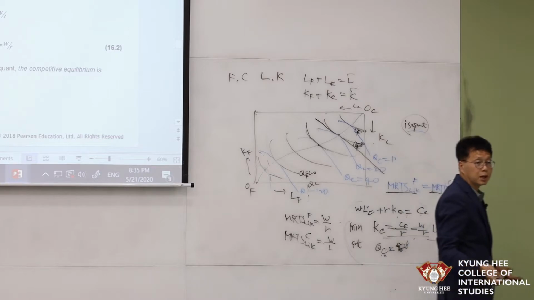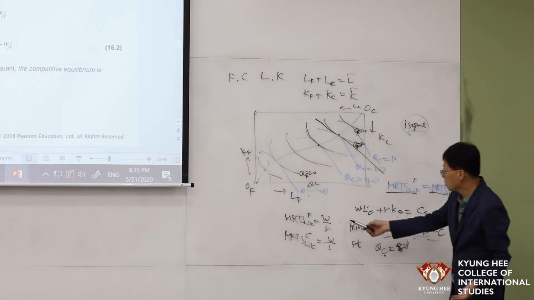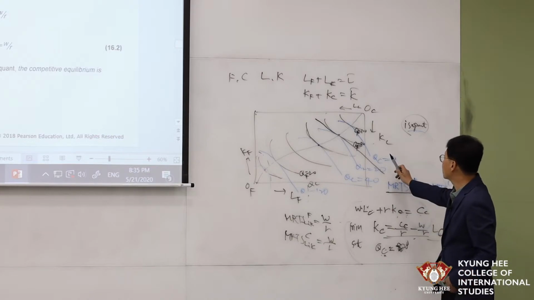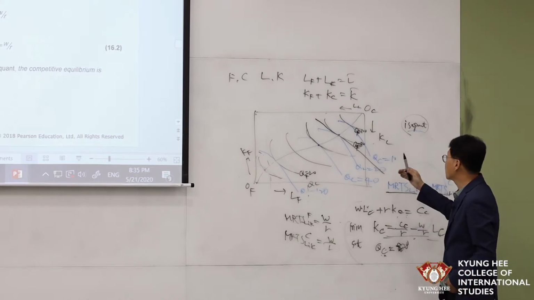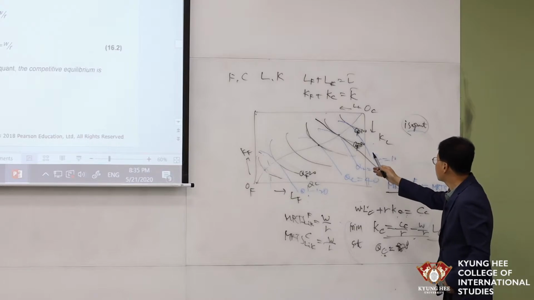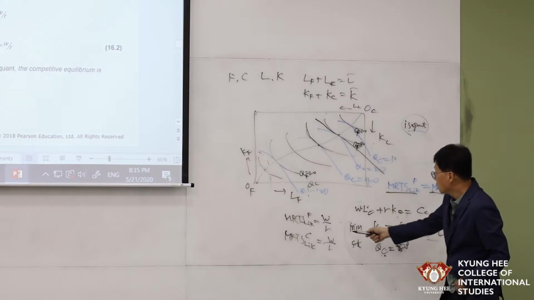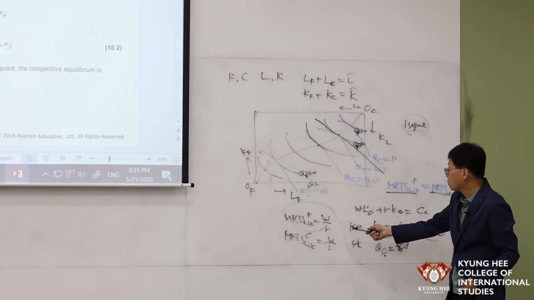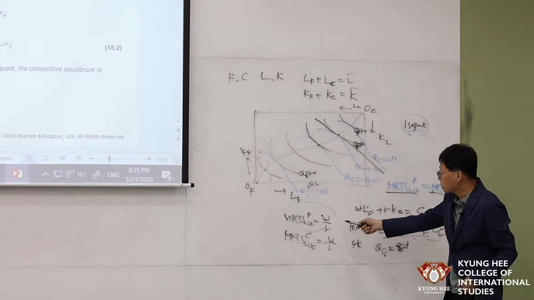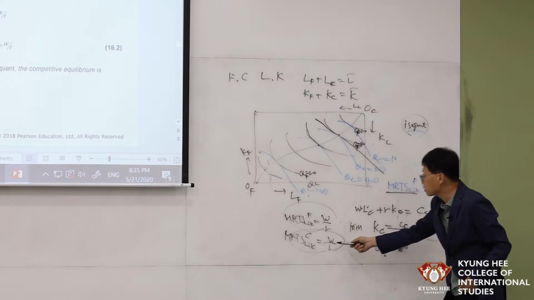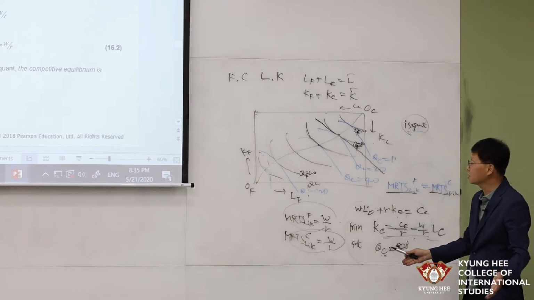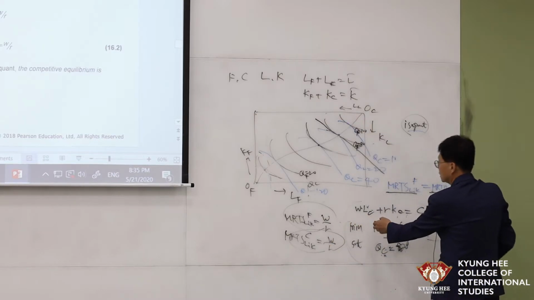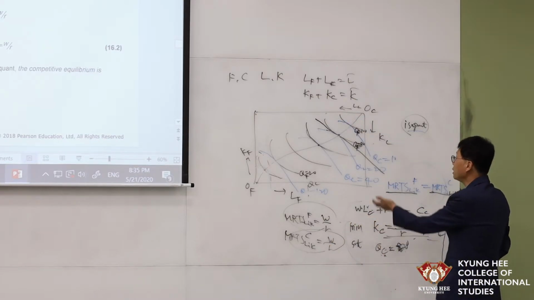Right? The factor market is also perfectly competitive. So the slope of the isocost line in producing clothing is perfectly the same as that in food production, right? So this condition satisfies the cost minimization problem. So the cost minimization condition for food production and for clothing production are satisfied simultaneously. So at this point, there are four curves tangent with each other, right?